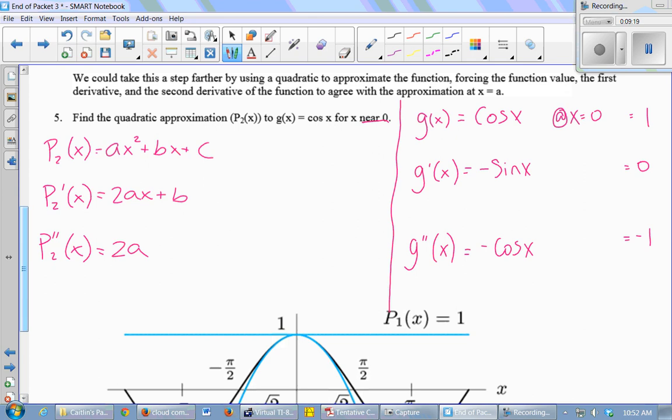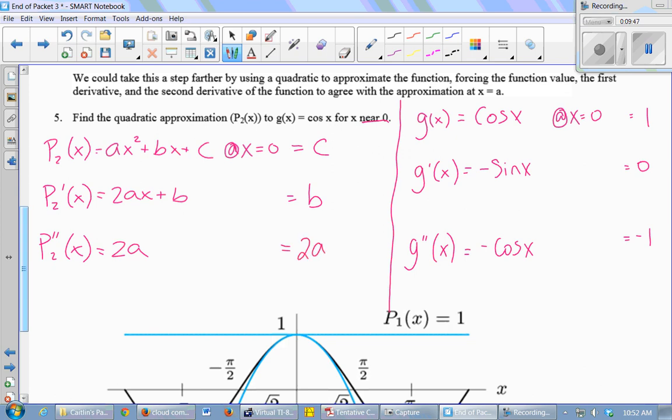I want to evaluate each of these at x equals 0. When you plug a 0 in for x there, what do you get? Yep. When you plug a 0 into x, you get b, right? And when you plug in a 0 here, you get 2a, because 2a is just a constant, doesn't matter what you plug in.